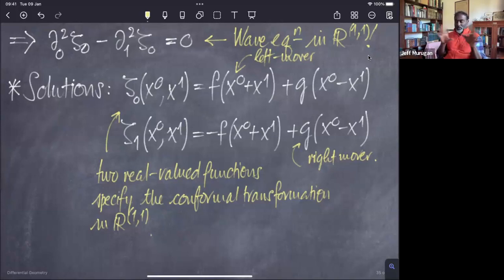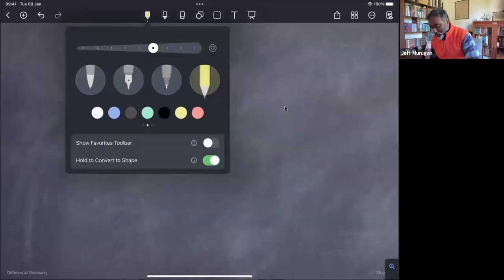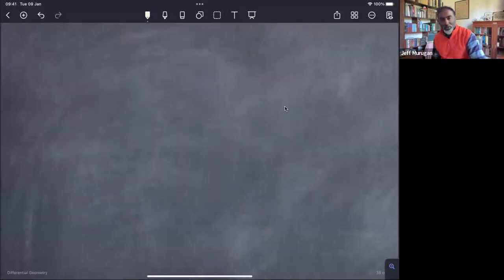All we know is that f plus g and f minus g, f plus g and minus f plus g will specify the solutions completely, but those are still arbitrary functions. Okay, so this gives us some insight, at least in a setting that we should be familiar with, two dimensions, for what to expect in the higher dimensional case.